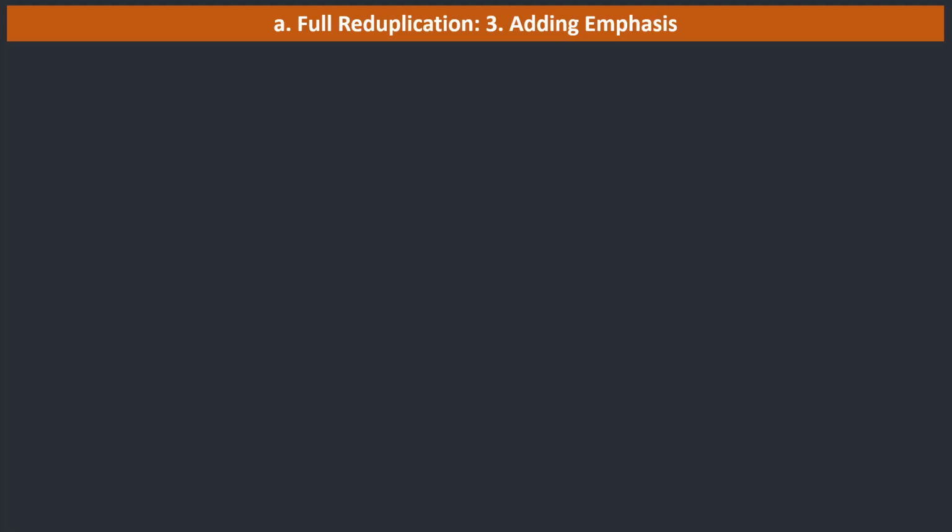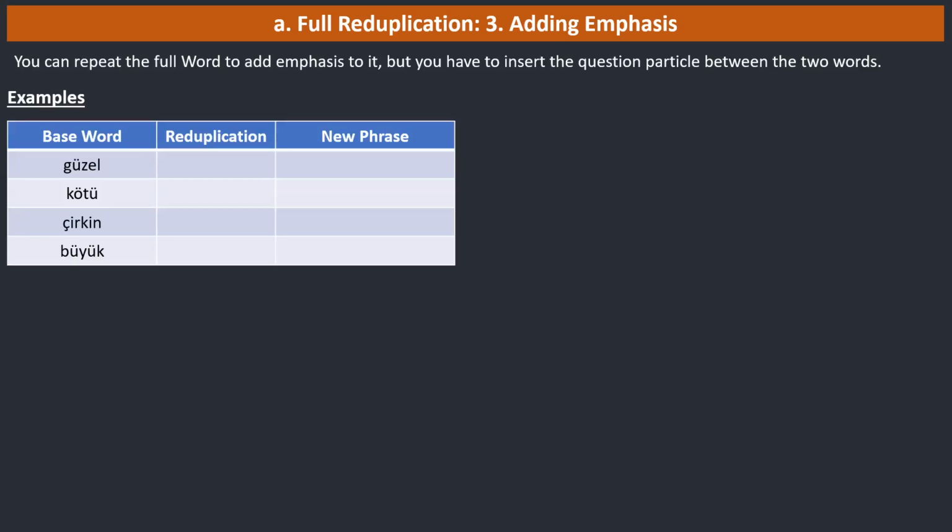Next one. So we will repeat again. We are back to repeating the same word, but this time it doesn't give it a manner. It gives it an emphasis, and you have to insert the question particle. So what does that mean? Let's just put this here.